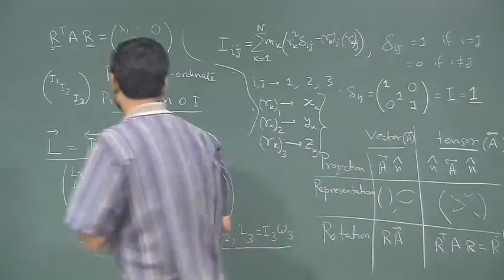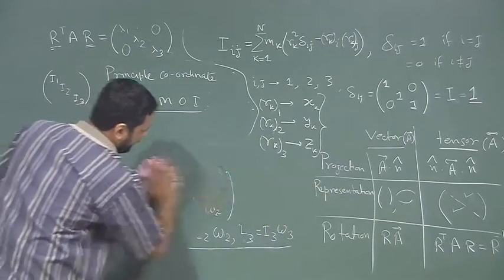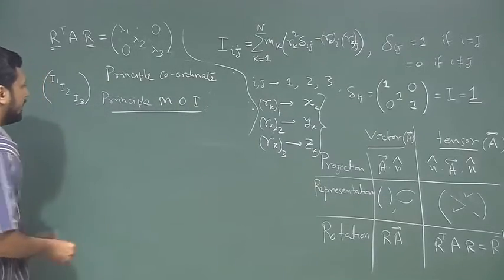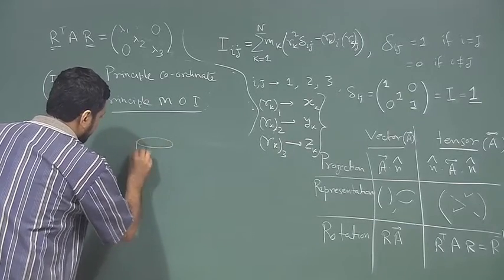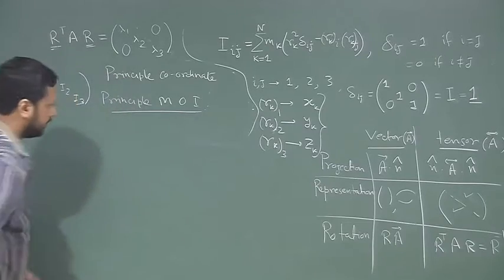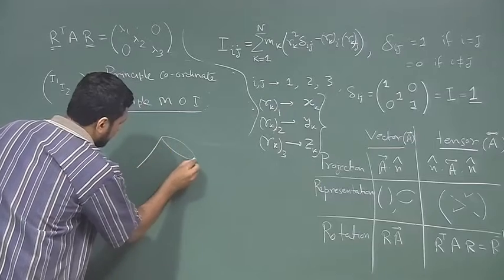Physically what it means, I will just try to draw a picture and give you an idea. Let us assume we have a cylinder. Okay, let us draw it in a slightly different way. This is our cylinder.